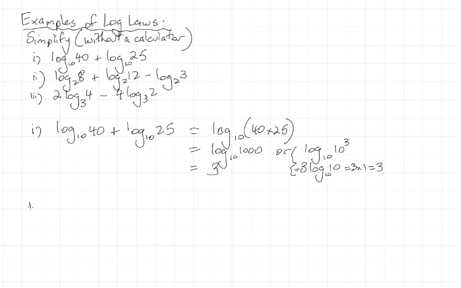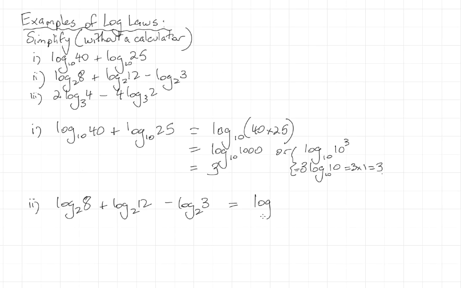Number 2, we've got the log of 8 to base 2 plus the log of 12 to base 2 minus log of 3 to base 2. So here we've got a bit of adding of logs and subtracting. When we are adding, we're actually multiplying the numbers, and when we subtract, we are dividing the numbers.